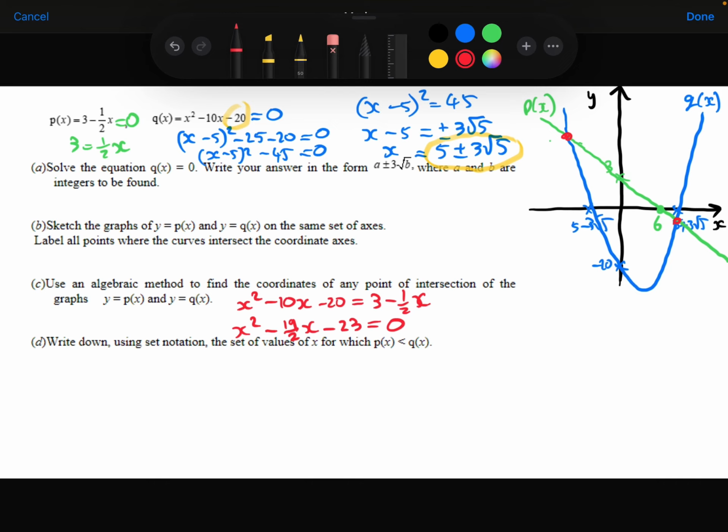I don't like that half there, so let's times through by 2 to get rid of that. And I'm thinking about whether that's going to factorise. I don't think it is, so I could use the quadratic formula here.